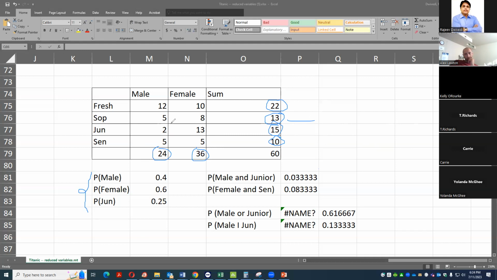AND means common, so if I say female and sophomore, this is divided by 60. Then we have OR probability. OR is a 3-step process: probability of first, plus second, minus common. So 3 probabilities. Based on that, we have this chapter assignment.